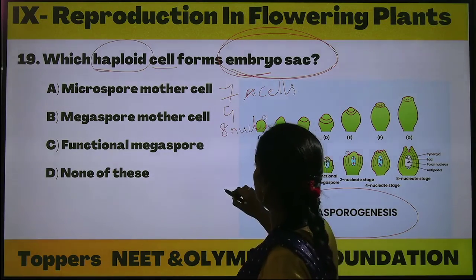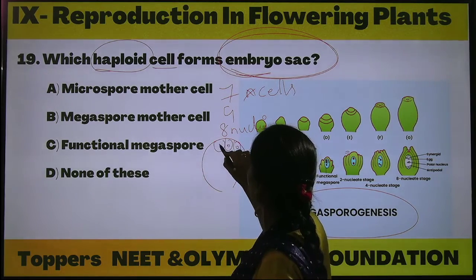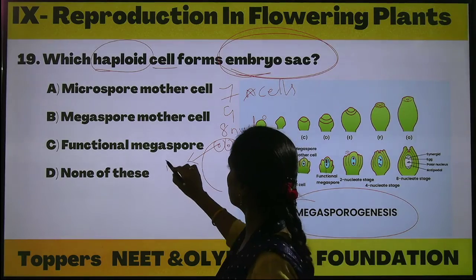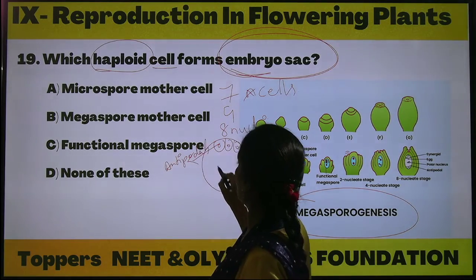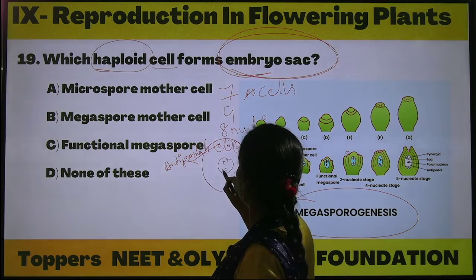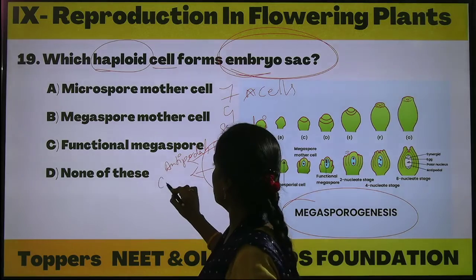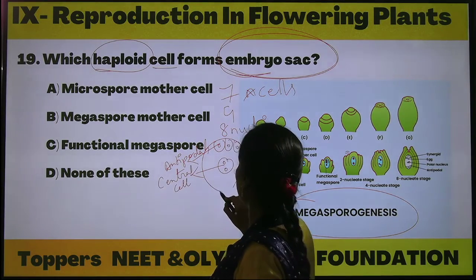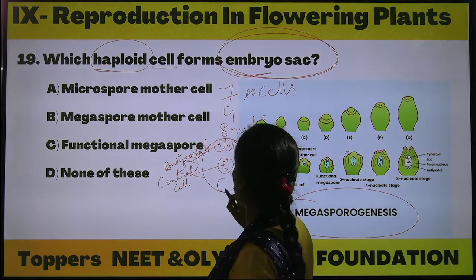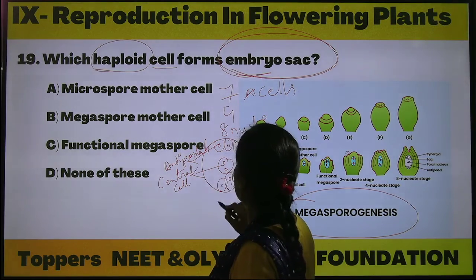In the embryo sac we can observe the antipodals in the anterior region, and in the central region we can observe 2 nuclei, called the central cell, and exactly at the bottom, the posterior region, we can observe the egg cell and the synergids.